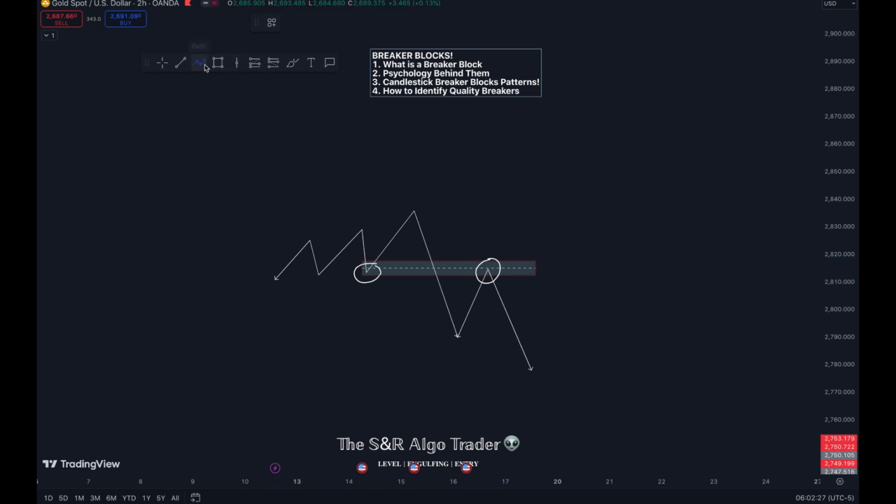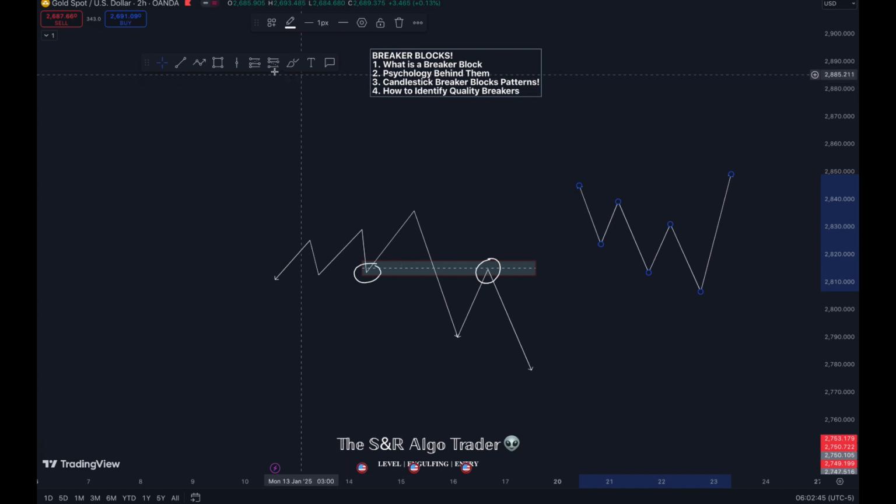Let me illustrate a bearish scenario. Let's say price is going down, creating lower lows and lower highs, just like this, and price breaks through.